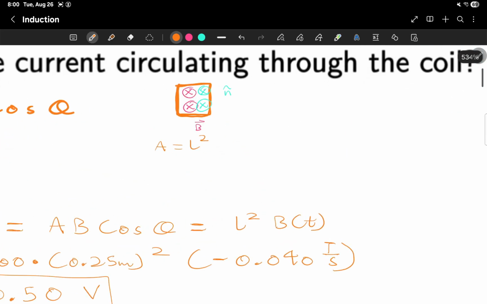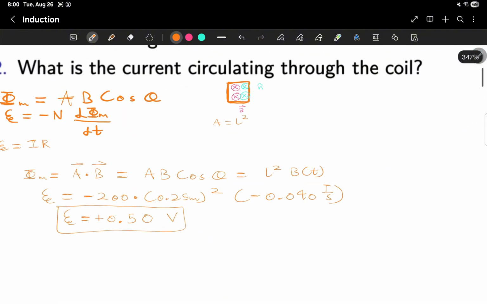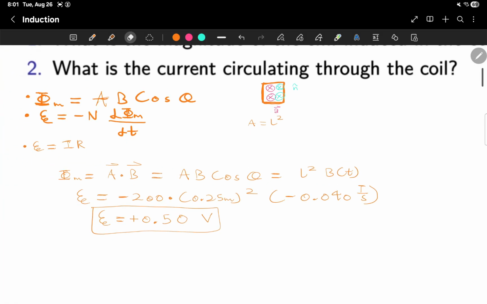So it means the current was indeed flowing, or rather, I managed to make the correct assumption. Well, it doesn't really matter.